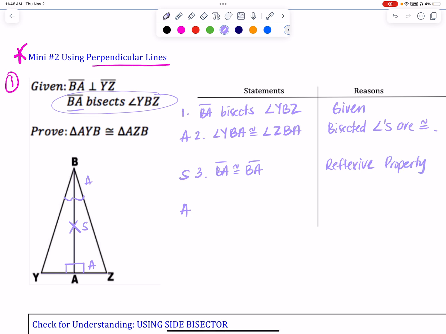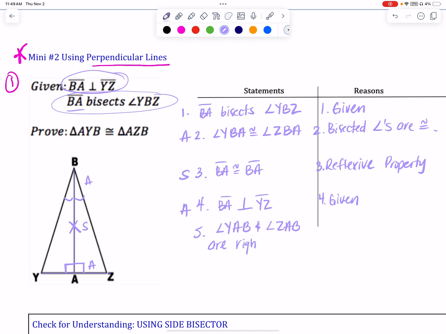And now our last angle. I'm going to restate the given. BA is perpendicular to YZ. It's a given. And then, this is super important. First, we have to establish that both angles YAB and ZAB are right angles. Why? Perpendiculars make right angles.